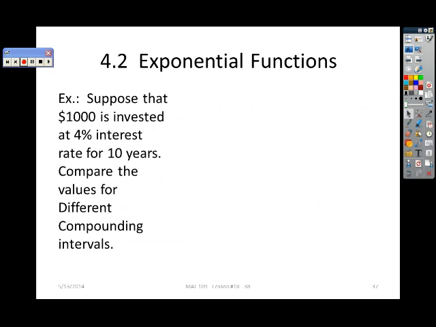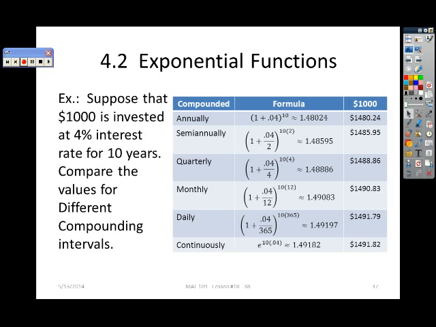Comparing that, let's take $1,000 invested at 4% for 10 years. If you only compound once a year, here's the formula, you wind up with $1,480. If you compound twice a year, it looks like this. This is that compound interest formula we saw previously, that we worked a couple of examples with.